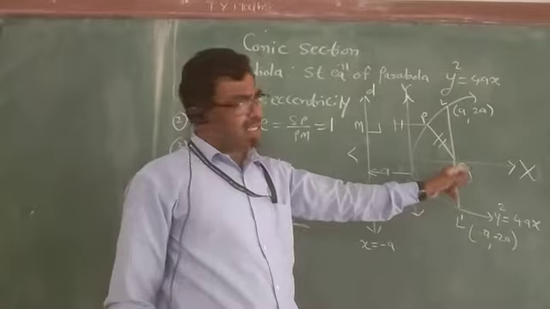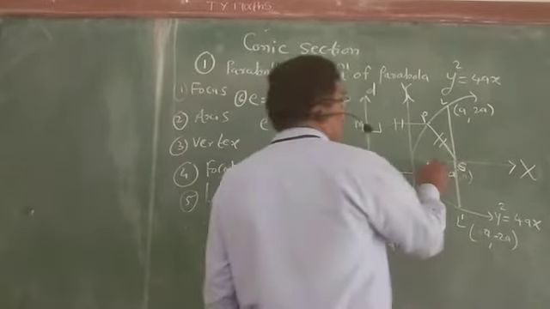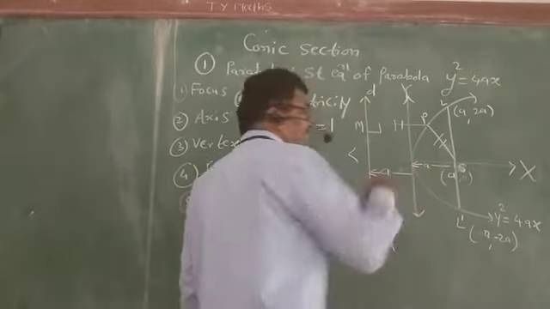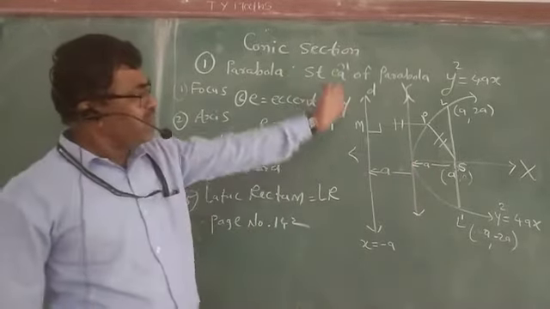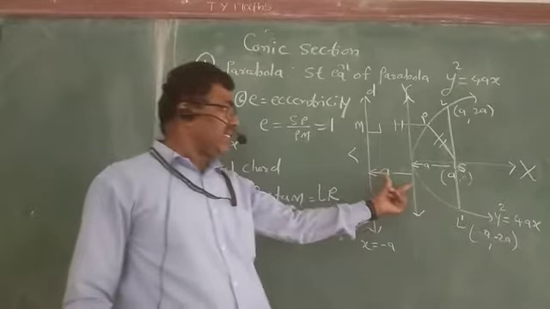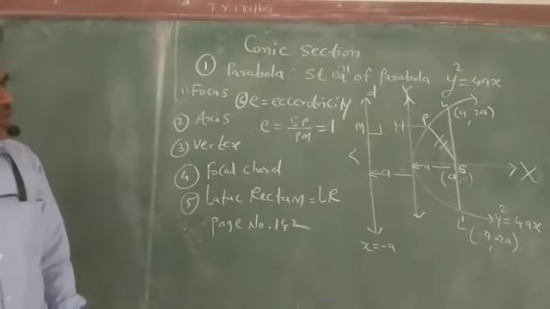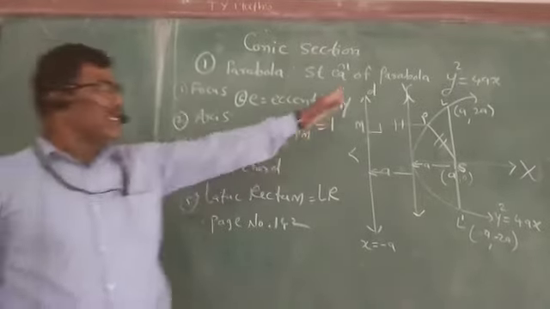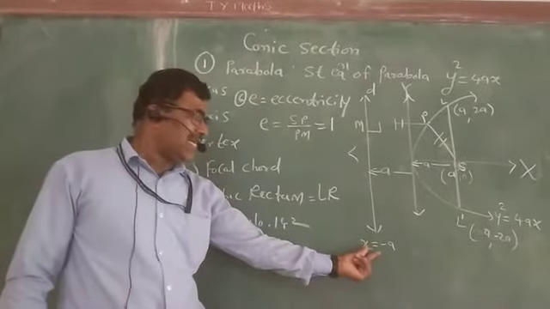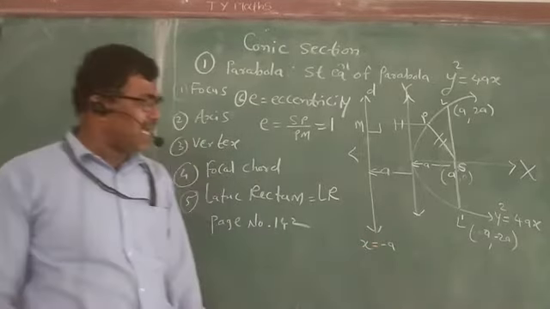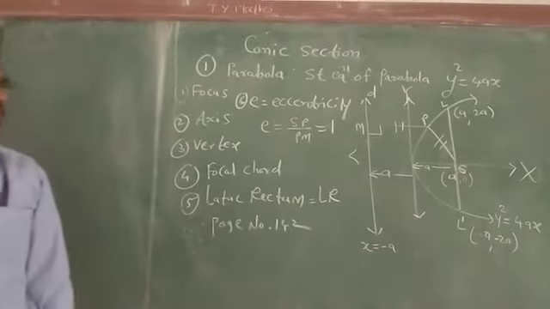Focus A, 0, that is distance A. Similarly, directrix is a line opposite to y-axis at a distance A from y-axis. Equation of directrix is x equal to minus A or x plus A equal to 0.